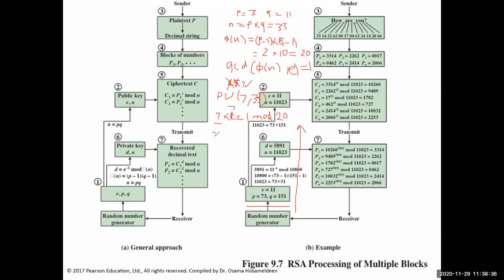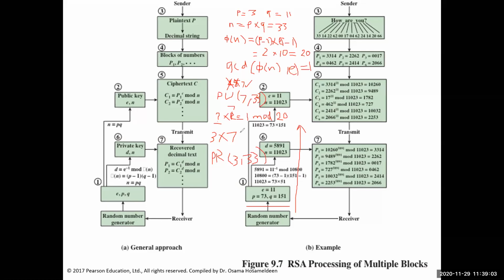So 3 multiplied by 7 is equal to 21, and 21 is congruent with 1 mod 20, because after modding with 20 it gives a remainder of 1. So now I get the private key, PR, which is 3 and 33.